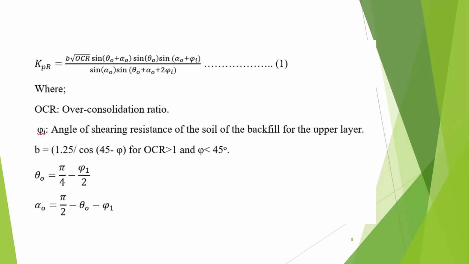Here is question number 1: how to calculate the K-passive for Rankine, where OCR represents the over-consolidation ratio and phi 1 is the angle of shearing resistance of the backfill soil for the upper layer.